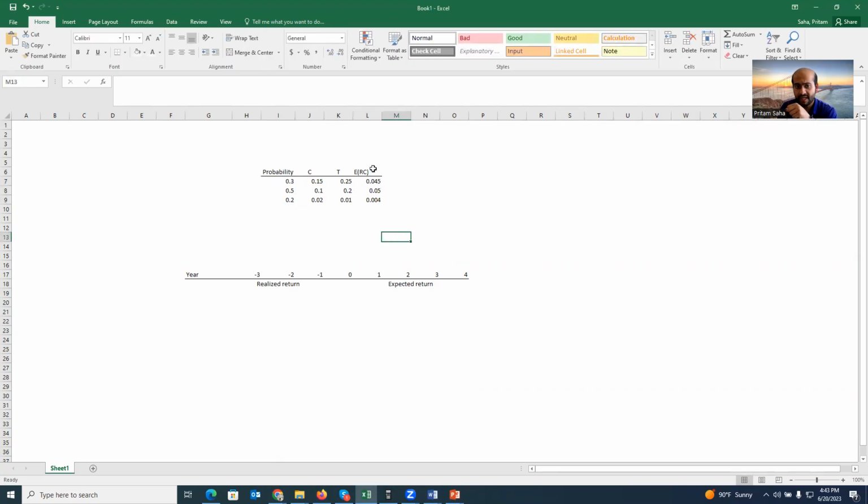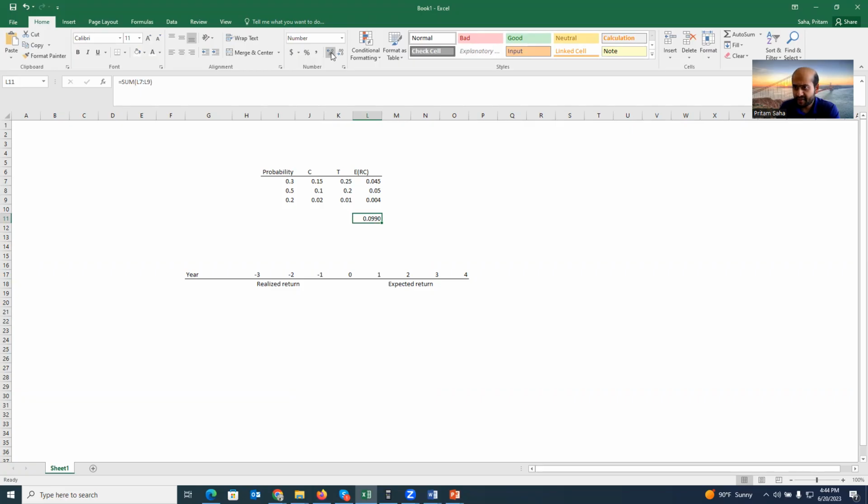Now summation of, that means sum of this, summation of probability times return of this event. So sum should be, make sense?